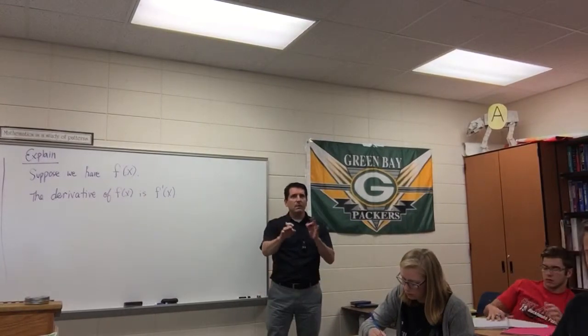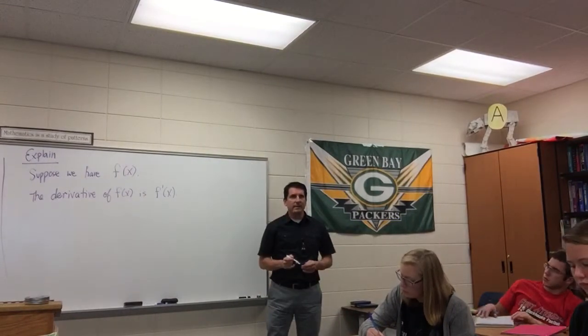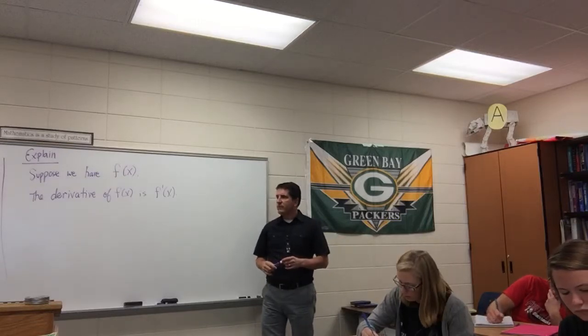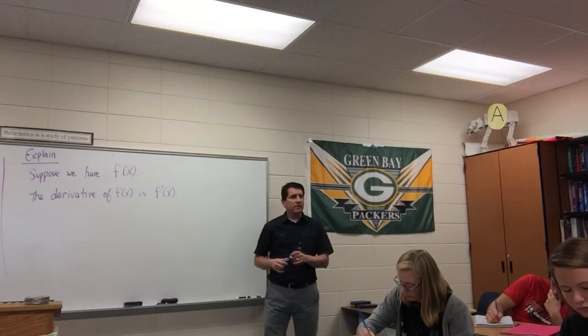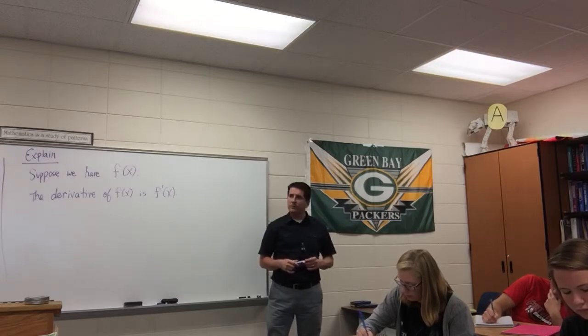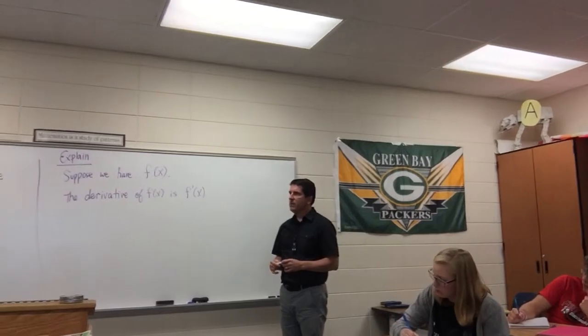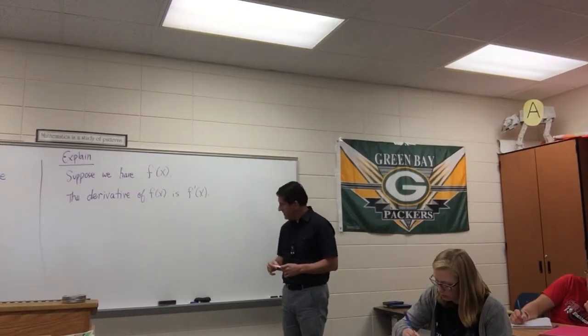We've gone through it from a very broad picture many times. Who can tell me what f prime of x, the derivative, does? What is it good for? Jenny? Exactly.